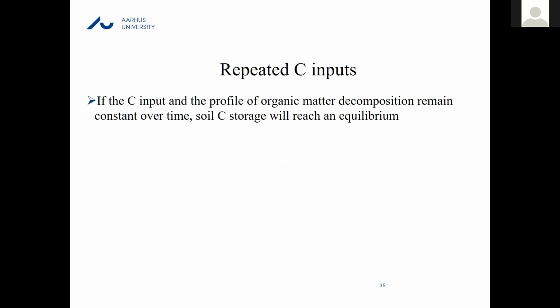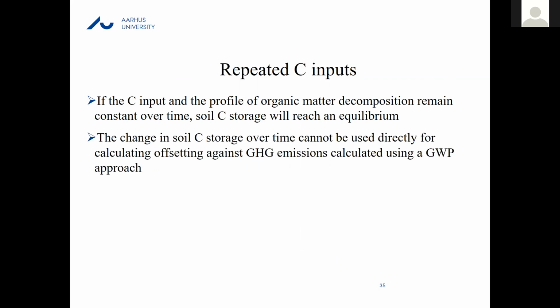So if the carbon input and profile of organic matter decomposition remains constant over time, soil carbon storage will reach an equilibrium. The change in soil carbon storage over time cannot be used directly for calculating the offsetting against greenhouse gas emissions if the calculation of greenhouse gas emissions uses a global warming approach.